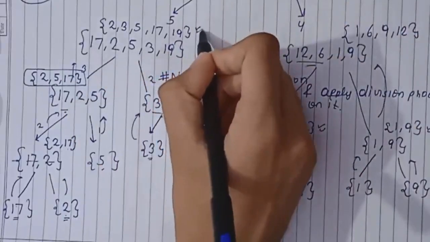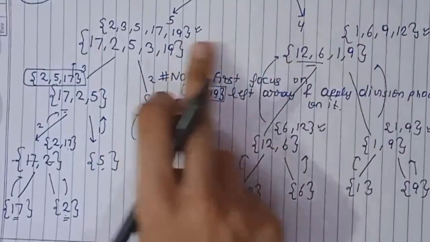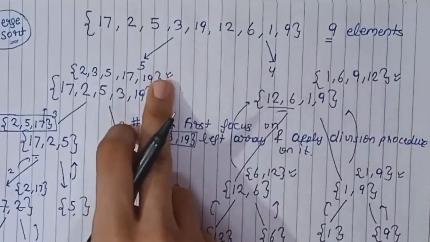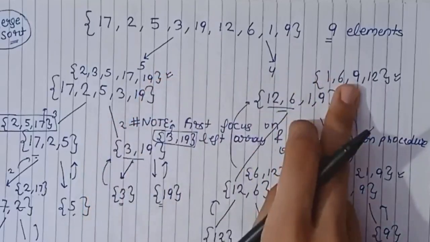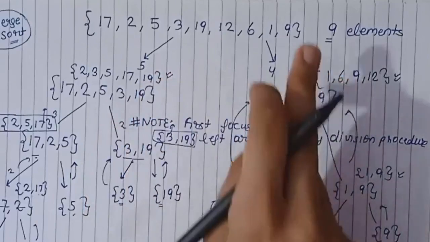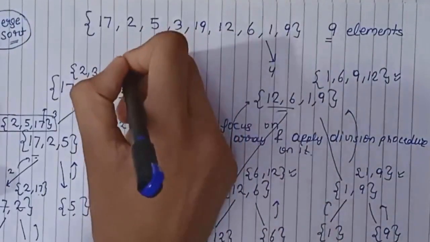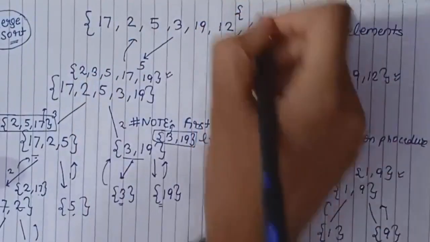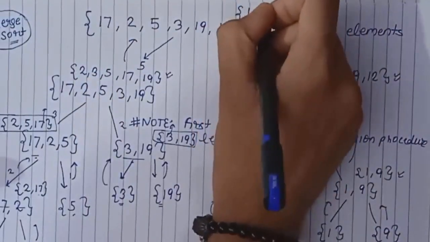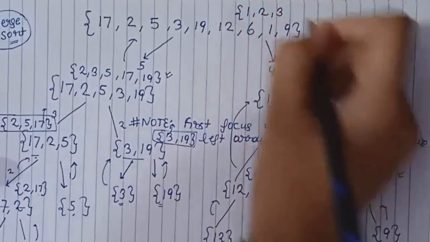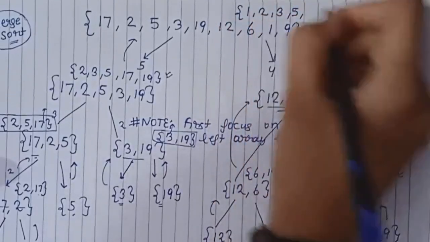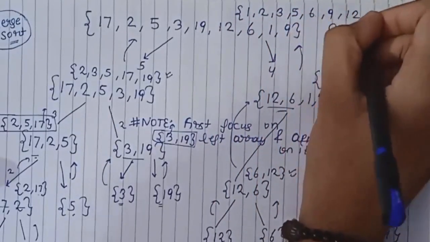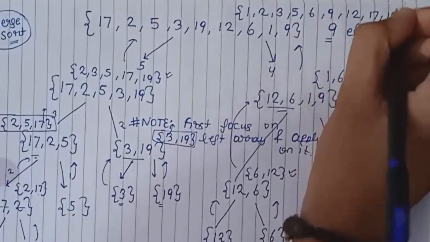Now at this step I have got two sorted arrays. So the merge procedure will again enter into the game and merge these two sorted arrays to form a single sorted array. So now merging of these arrays will take place, and here I will get 1, 2, 3, 5, 6, 9, 12, 17 and 19.